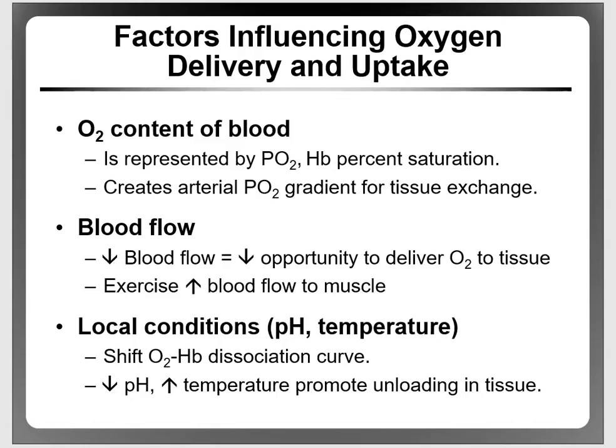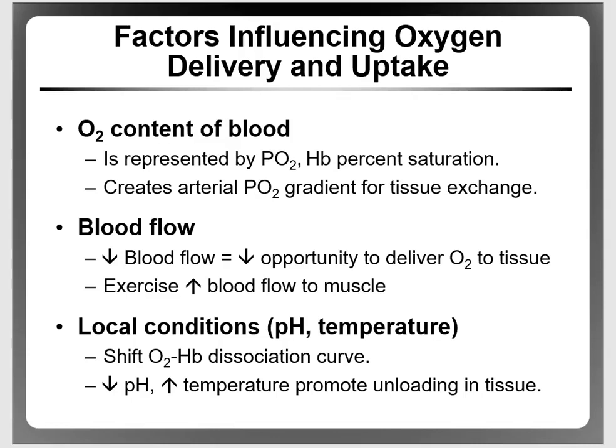Under normal circumstances, hemoglobin is 98% saturated. Any reduction in the blood's normal oxygen carrying capacity is going to hinder that oxygen delivery and reduce the cellular uptake of oxygen. Also, a reduction in the partial pressure of oxygen of arterial blood would lower the partial pressure gradient. That would limit unloading of oxygen at the tissue level.